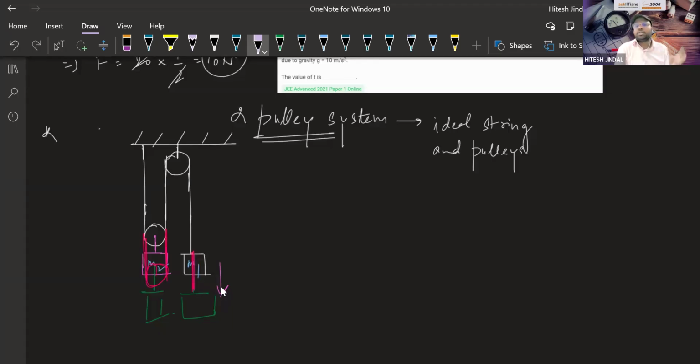So both of the blocks cannot come down together, and both cannot go up also.